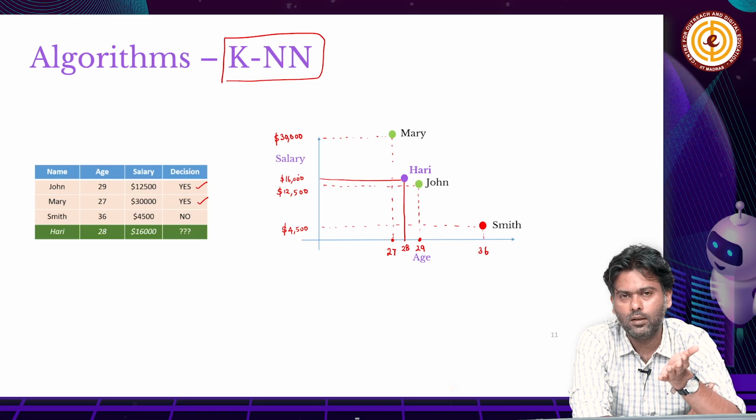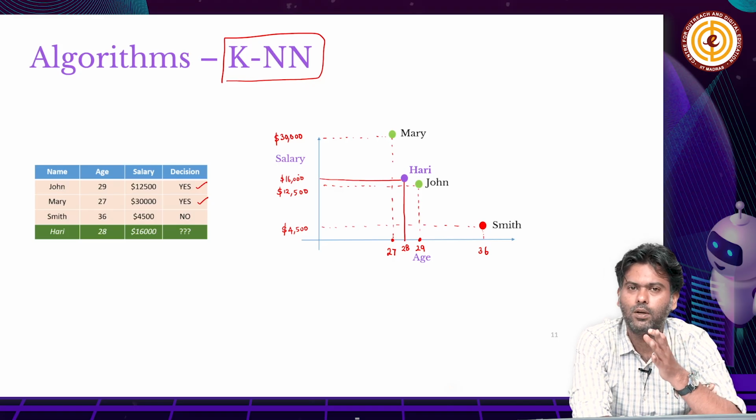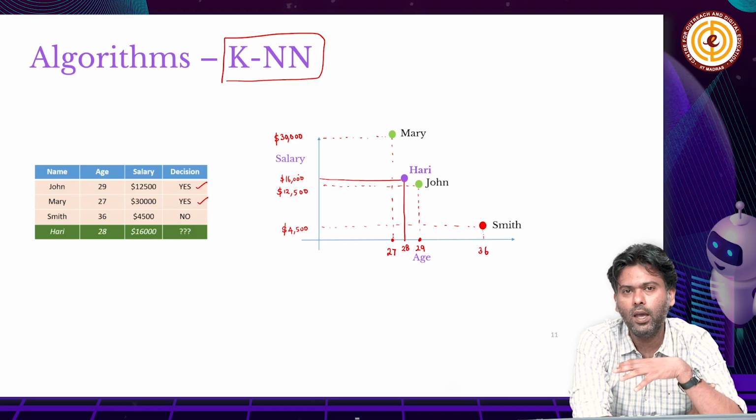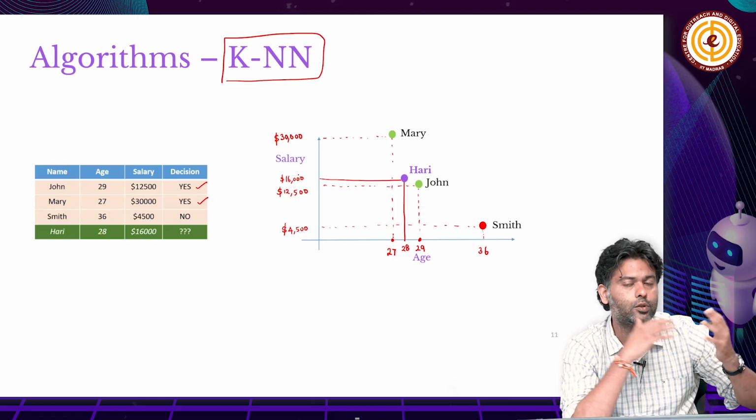That is, if my test data point, which is in this case Hari, is already there in my training set, then the problem becomes easier, because I know somebody who has the same set of features as Hari in terms of age and salary, and I can hope that Hari's behavior in paying back the loan is going to be very similar to this person's behavior. That is my hypothesis.